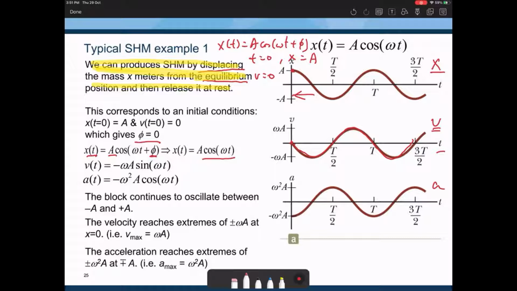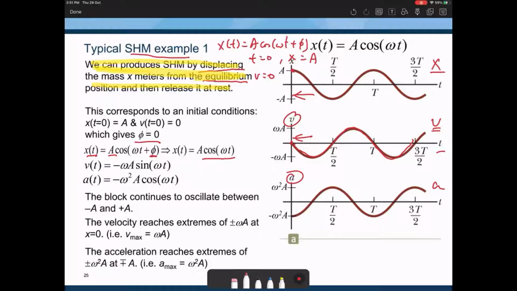Similarly, between the velocity and the acceleration, it is like shifting the whole graph by 90 degrees or pi/2 radian. So that is how we understand these graphs, and that is the situation for the first example of the spring mass system.